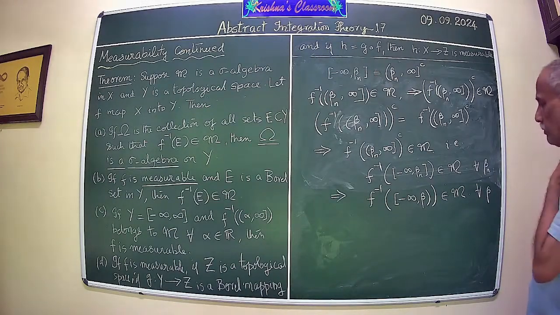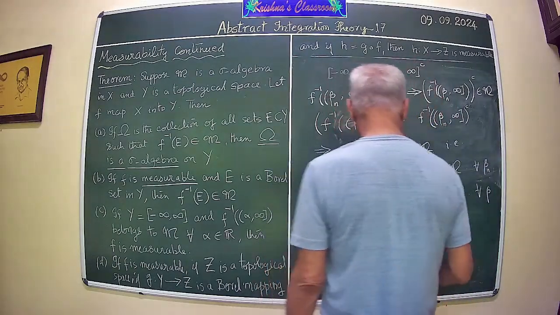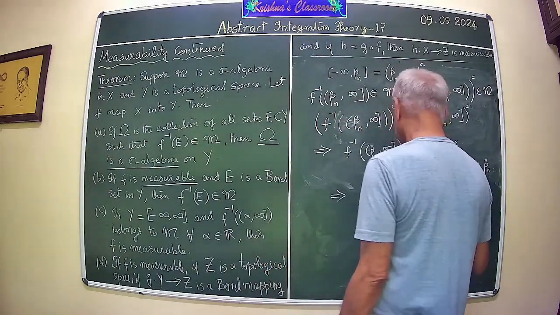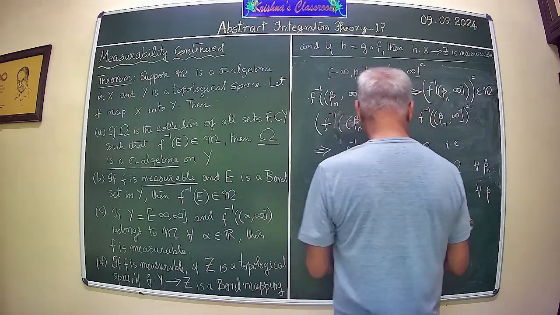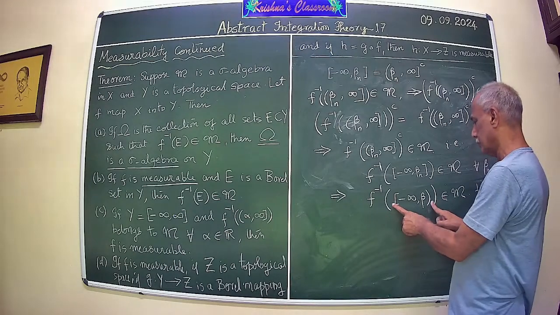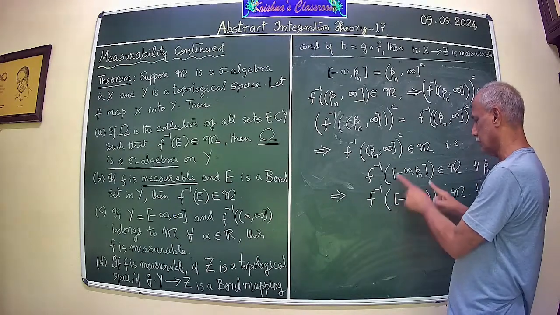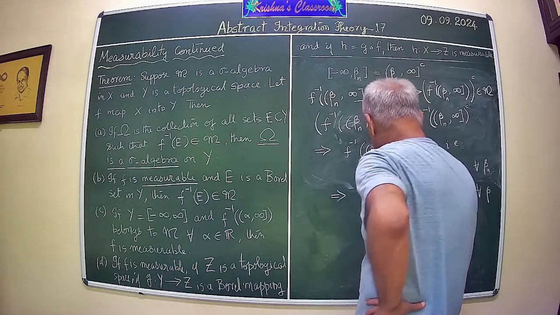Therefore, what we have? So we have the following. This is in omega. This set is in omega. The other one is also in omega. Therefore, you have the following.